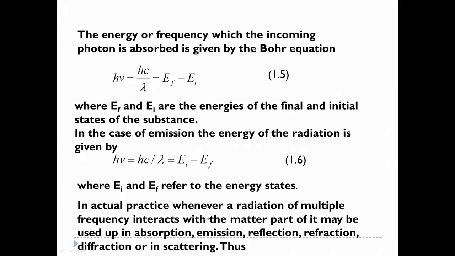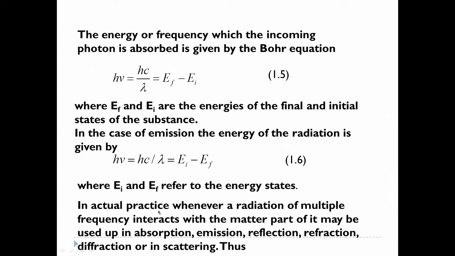If such a radiation interacts with the matter, part of it may be absorbed, part of it may be used for emission, part of it may be reflected, part of it may be refracted, part of it may be diffracted, or part of it could be scattered away. So, different kinds of interaction will take place when a multiple energy radiation reacts with the matter.